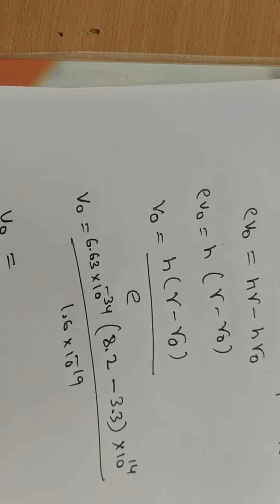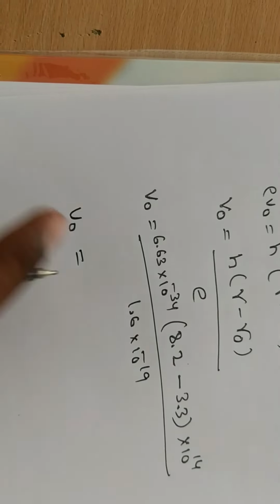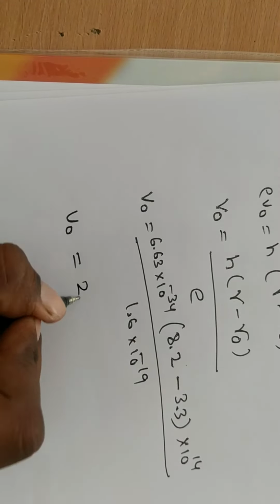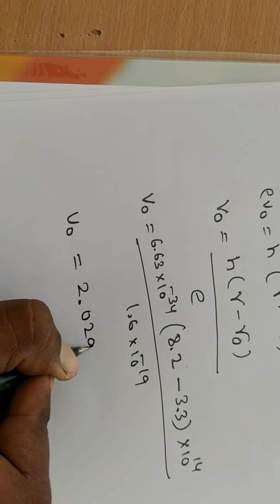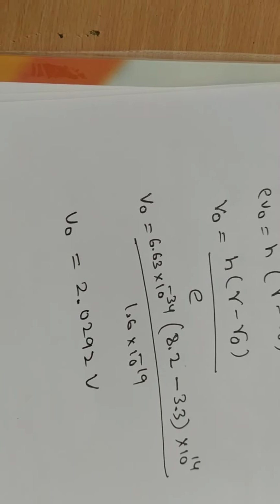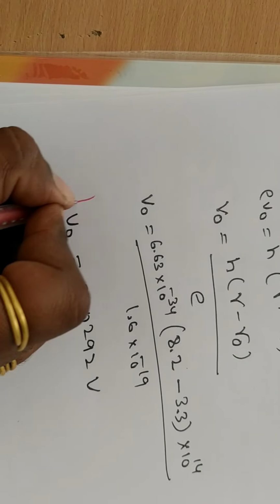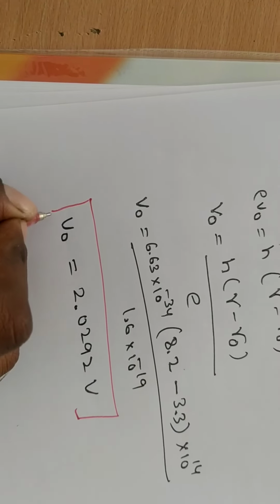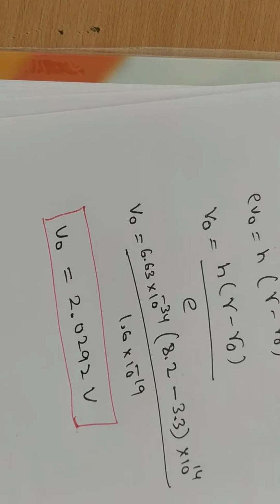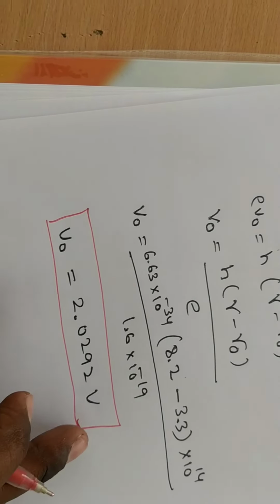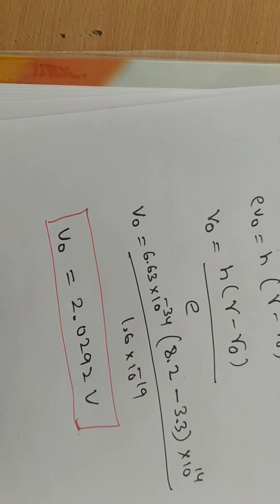After simplifying this calculation, we get 2.0292 volt. This one is the stopping potential. This one is the final answer, stopping potential.